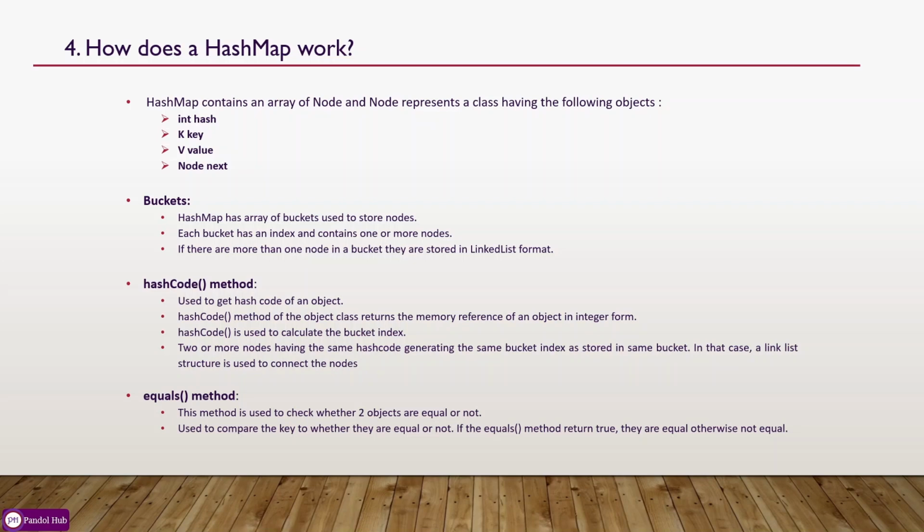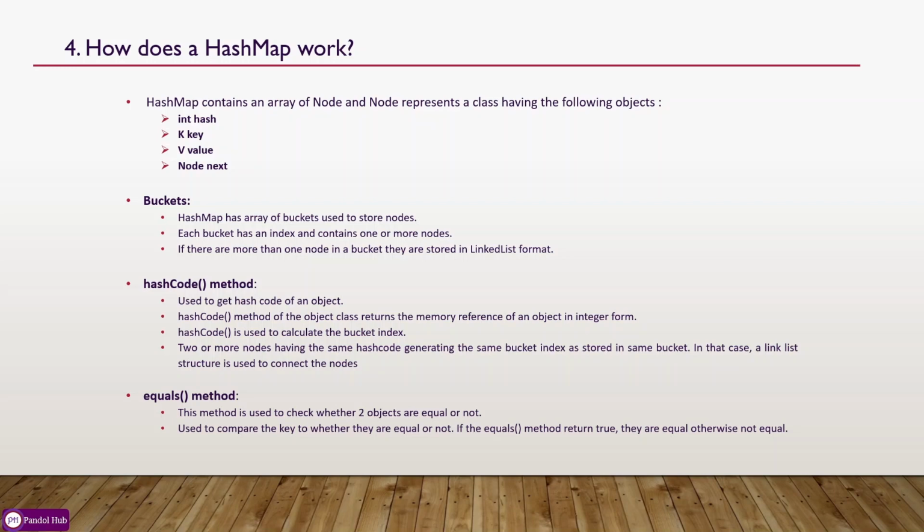Basically, the hash code is used to identify a bucket, whereas the equals method is used to identify the value during retrieval.